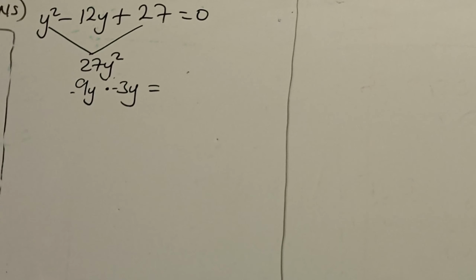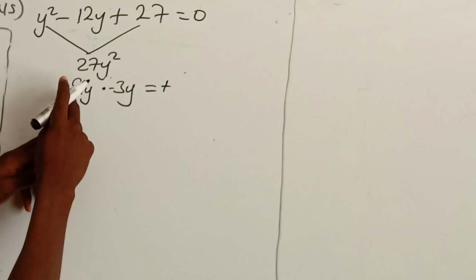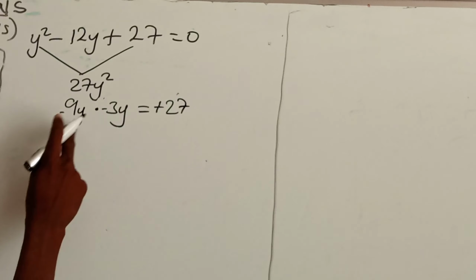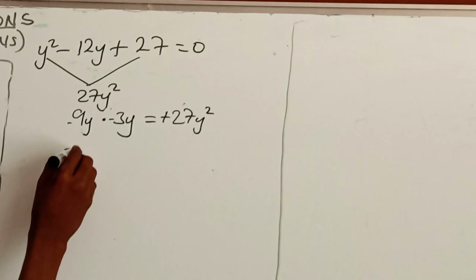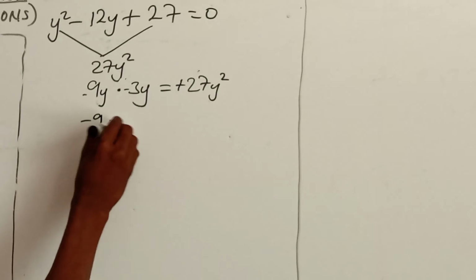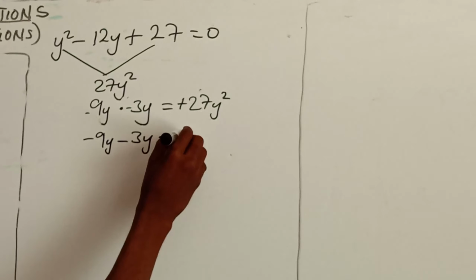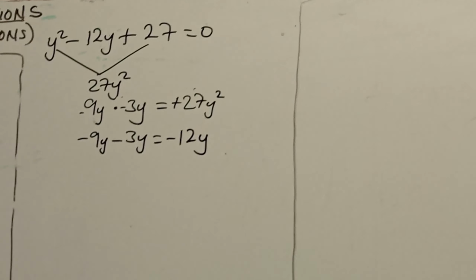Yes. So minus times minus is plus. 9 times 3 is 27. y times y is y square. So minus 9y minus 3y, it will give us minus 12y, right?